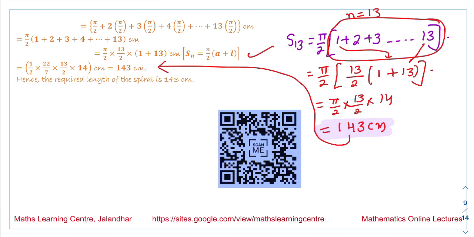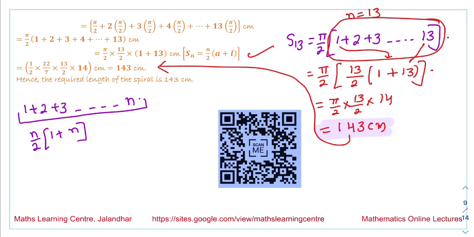So from this we can see that if the n natural numbers 1 plus 2 plus 3, and so on up to n are given to us, what is the sum of the first n natural numbers? It is n by 2 into (first term plus last term). So the formula we have is n into (n plus 1) by 2.